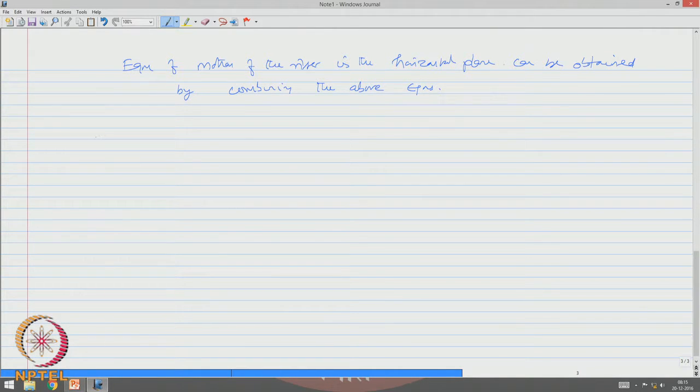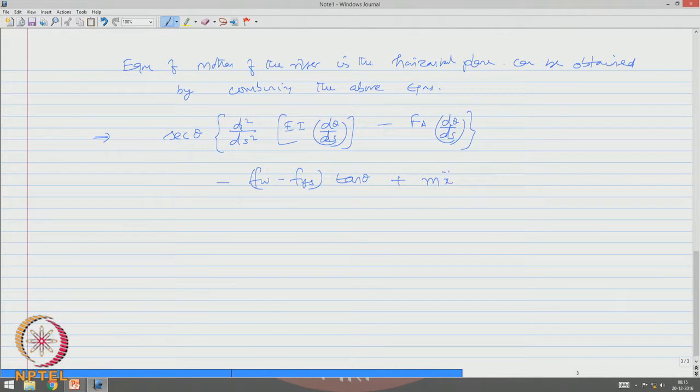When you combine them, it simplifies to secant theta d square by ds square of EI d theta by ds minus Fa d theta by ds minus Fw minus Fys tan theta plus m x double dot will lead to Fxs. We call this equation number 5.